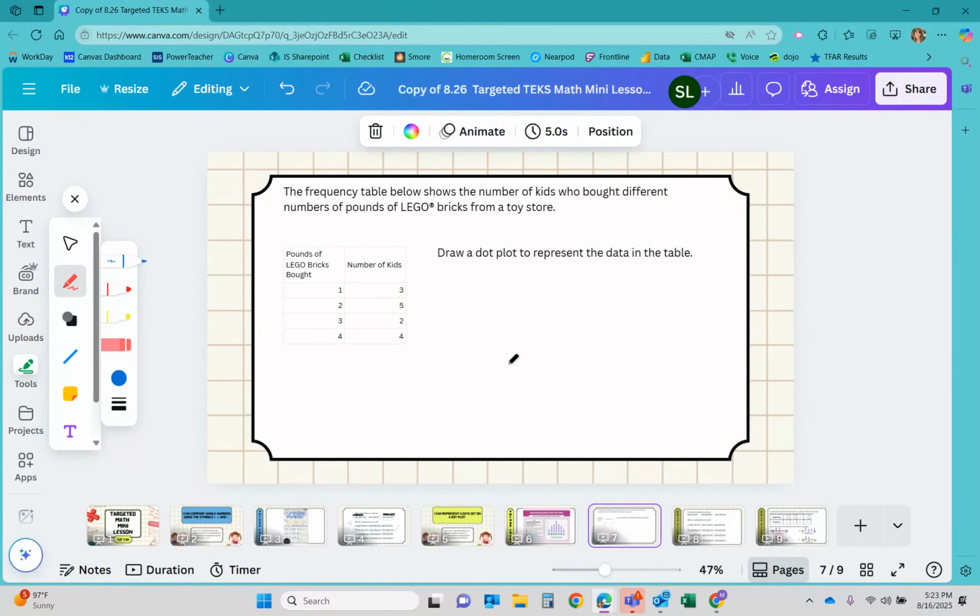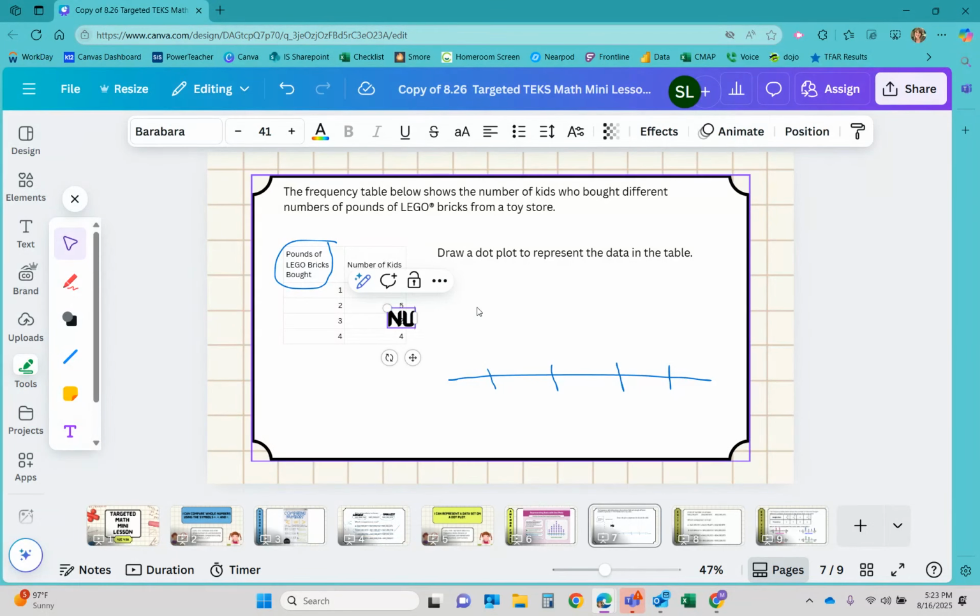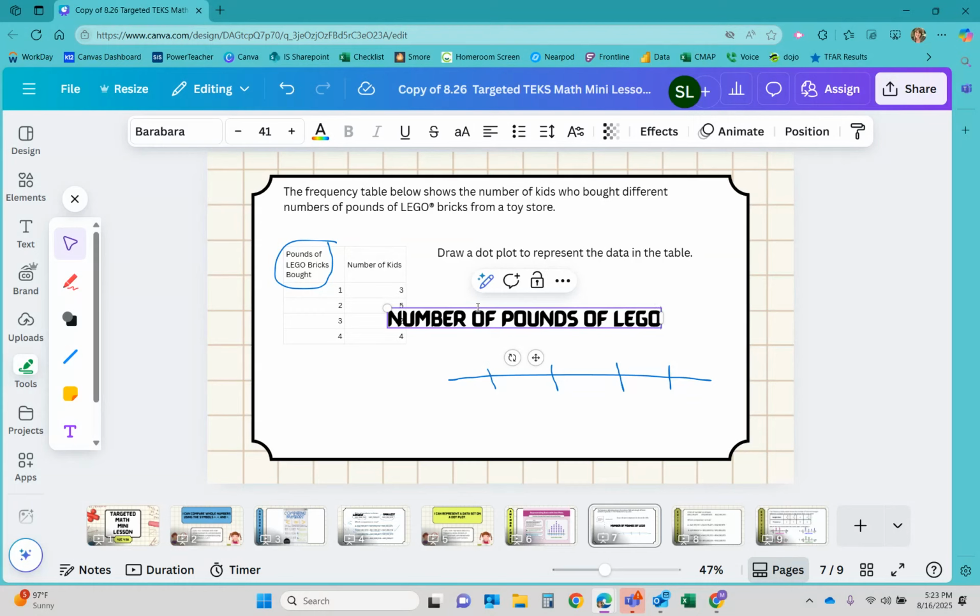And it wants us to draw a dot plot to represent this data. So I'm going to draw my x-axis here, and I'm going to label it the number of pounds that were bought. Okay, so I'm going to get my little text tool here, number of pounds of Legos, not legs, Legos.